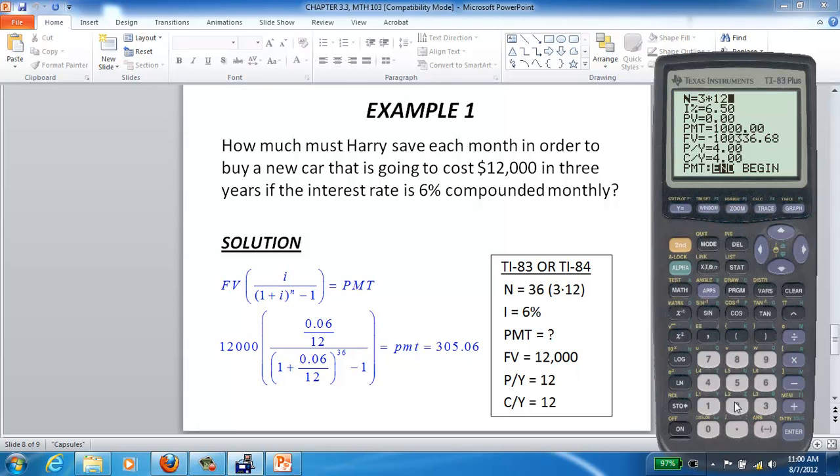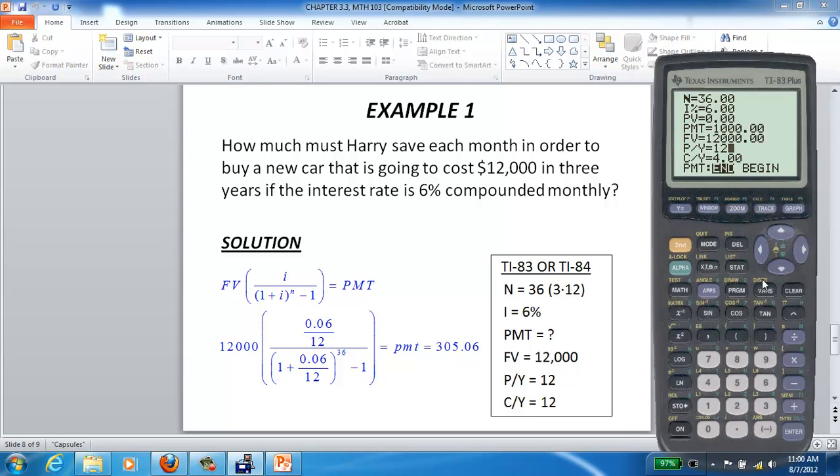Don't forget, for the n, if we have payments, we multiply the number of years times the number of payments you have per year. The interest rate is 6%. Present value, of course, 0. Now the payment is the unknown, and he wants to have 12,000 after 3 years.